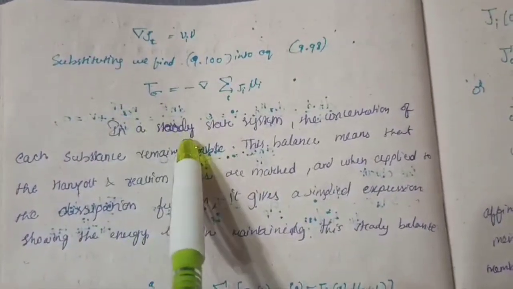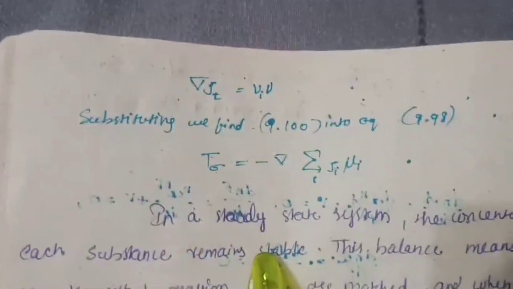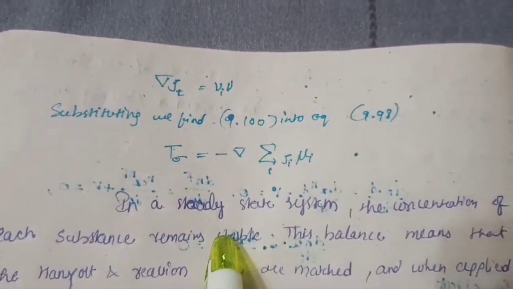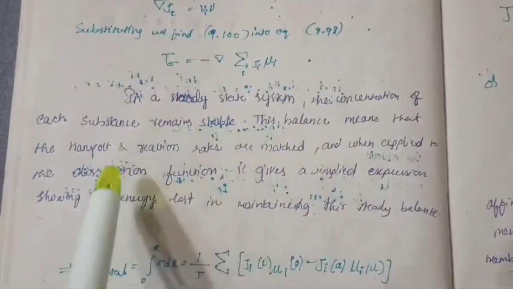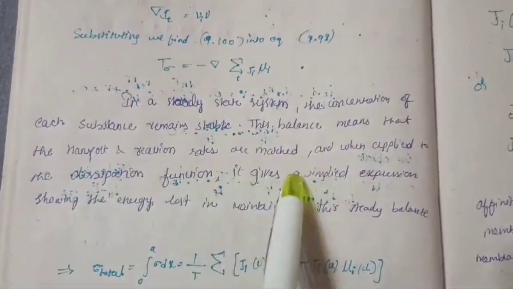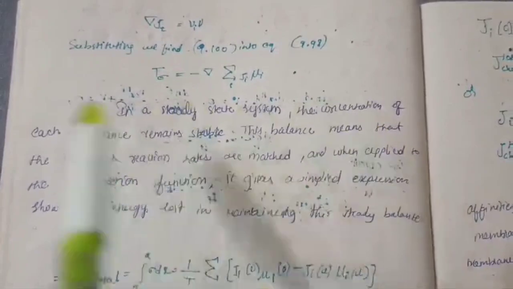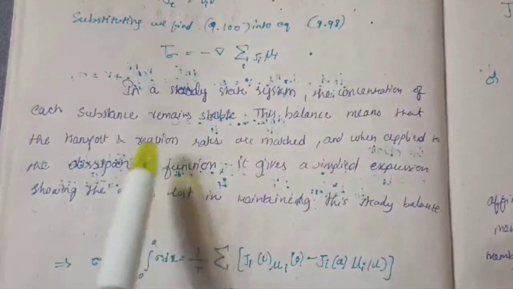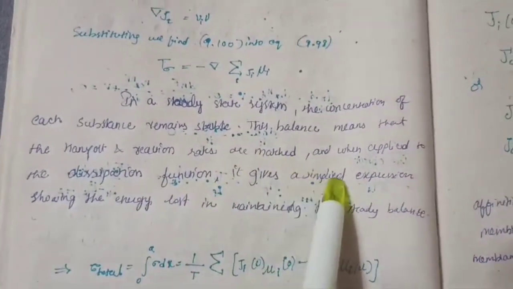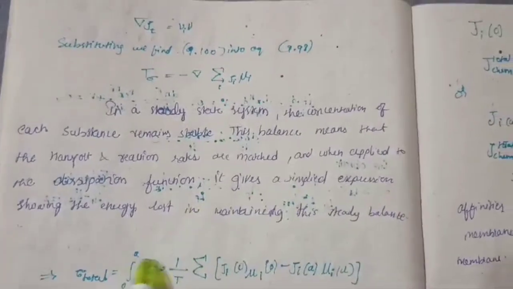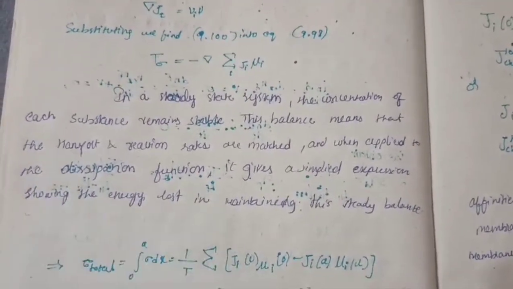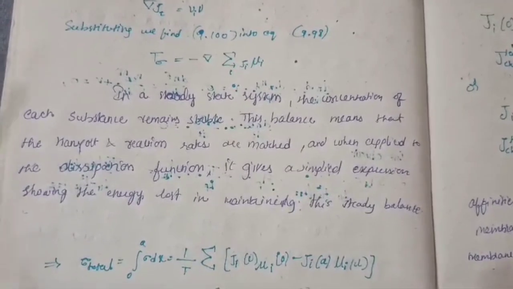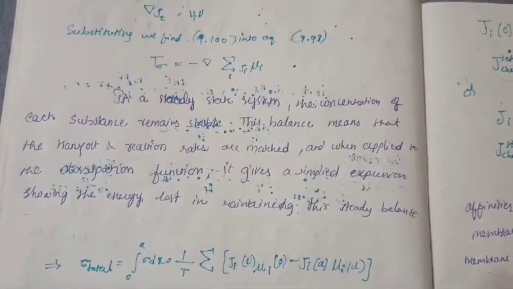This equation tells about the steady state system. The concentration of the substance remains stable. This balance means that the transport and reaction rates are matched, and when applied to the dissipation function, it gives a simplified expression, showing the energy lost in maintaining this steady balance.